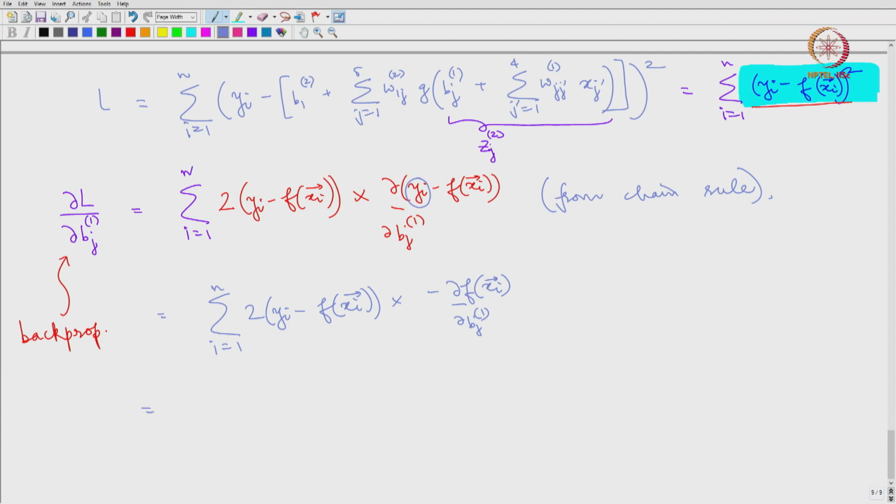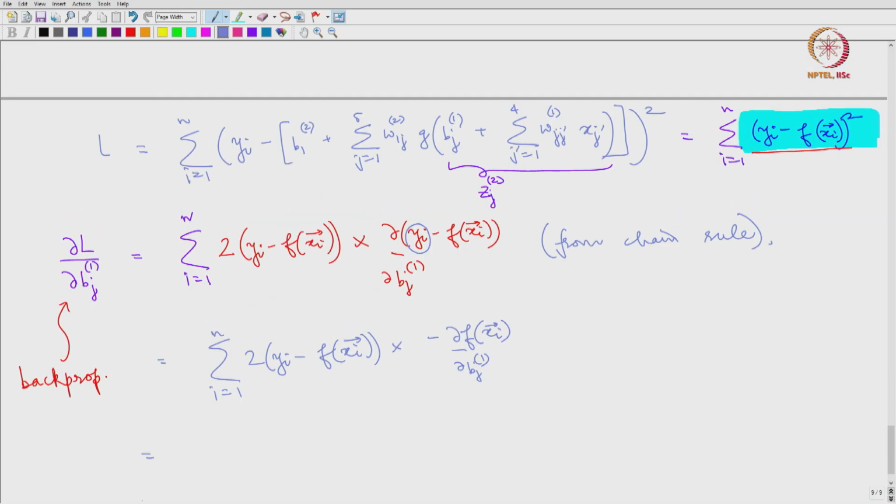So, what happens next? What happens next is we will have to find the derivative del f by del bj1, and you know that f is basically this whole expression here. So, you have to differentiate this cumbersome expression with respect to bj1.